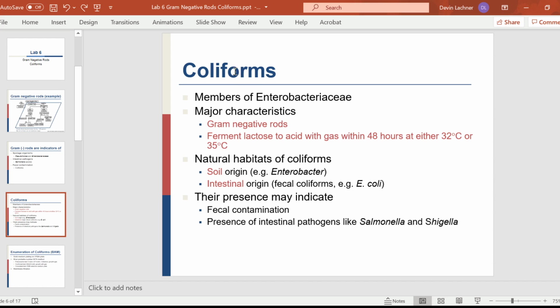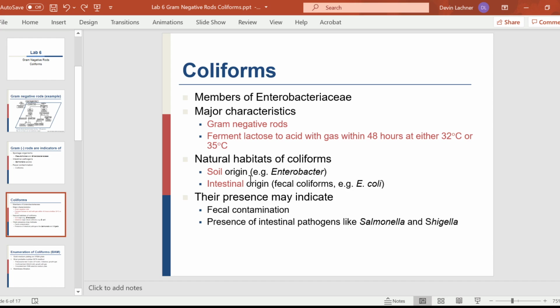So, coliforms are all going to be members of the Enterobacteriaceae family, and a major characteristic is that they are gram-negative rods, obviously, but they also ferment lactose to acid with gas. And this is going to happen at either 32 or 35 degrees Celsius.